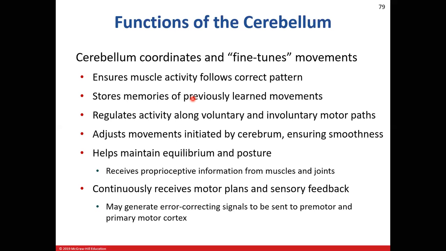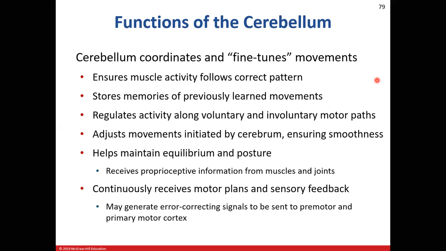It also helps to store memories of previously learned movements so that you're able to recreate and continue with those types of movements that you've recalled. It helps to regulate activity along the voluntary and involuntary motor pathways. It also adjusts the movements initiated by the cerebrum, and it does this to ensure that there is a smoothness to the pattern as opposed to kind of a choppy or broken up pathway.